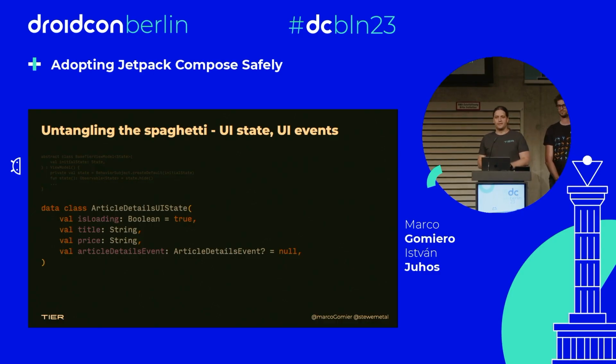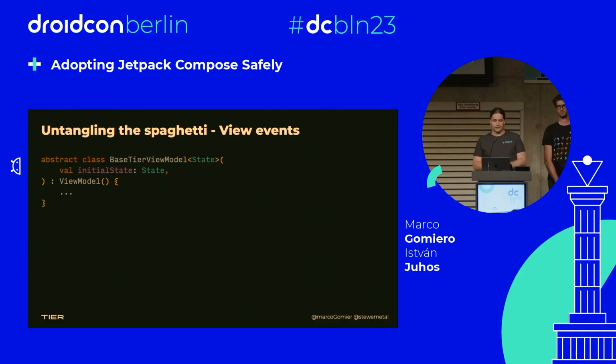Everything the UI will need is there, and our developers are happy because they don't have to hunt for the parts of the state anymore. We could also cram the events inside this state class, which is another recommendation that we read from Google. So for now, we went with this approach.